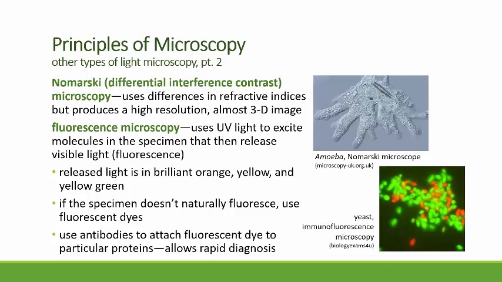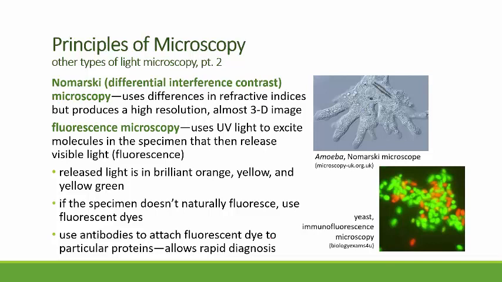So you use UV light with fluorescence microscopy to produce glows around those molecules that are going to be able to fluoresce. And so you see these brilliant orange, yellows, and yellow-green colors based on these fluorescing molecules.